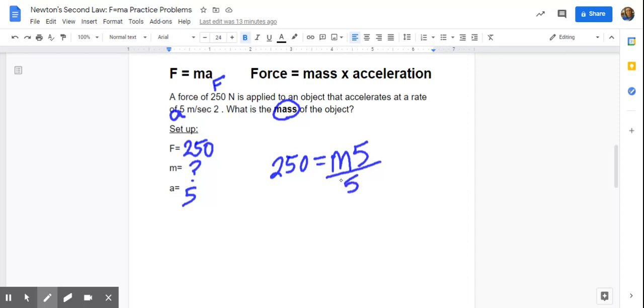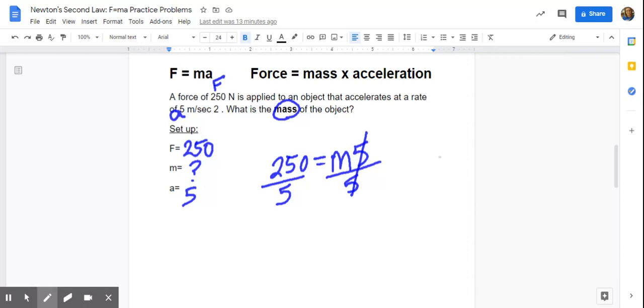But whatever I do on one side, I have to do on the other side. So these two 5s right here will cancel each other out, right? 5 divided by 5 is just 1. But I'm going to have to divide 250 by 5.